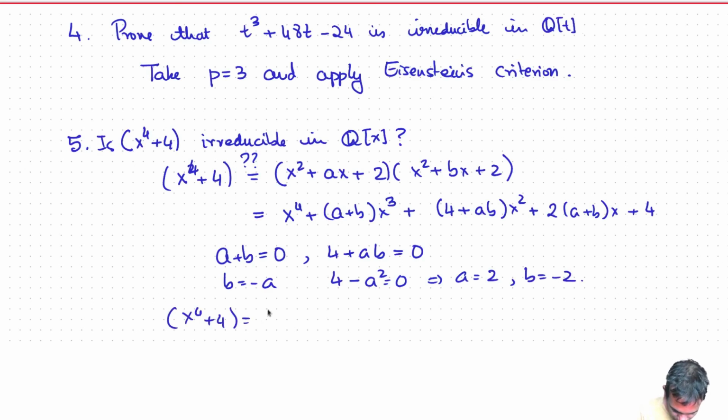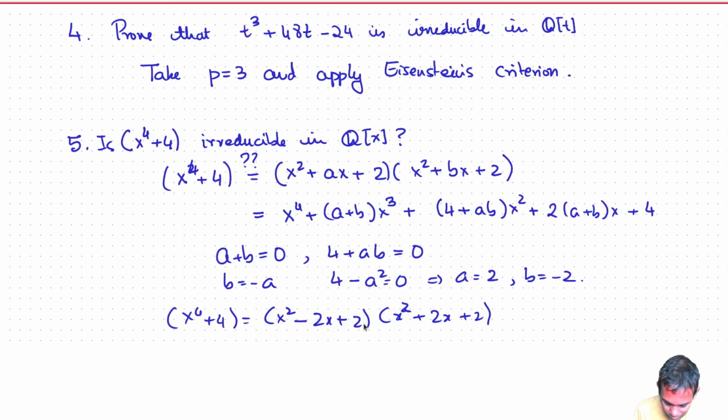x to the power 4 plus 4 is x squared minus 2x plus 2 into x squared plus 2x plus 2. Well, if you were a little observant, you may have noticed that this is an a plus b into a minus b form.